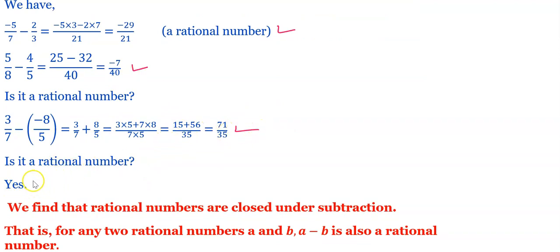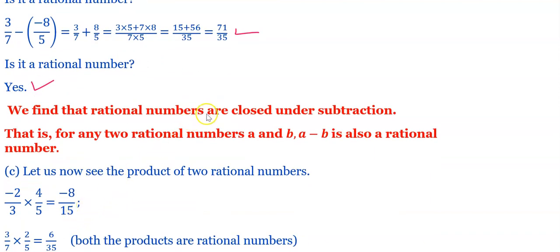Yes, their subtraction is a rational number, and therefore we conclude that rational numbers are closed under subtraction. That is, for any two rational numbers a and b, a minus b is also a rational number.